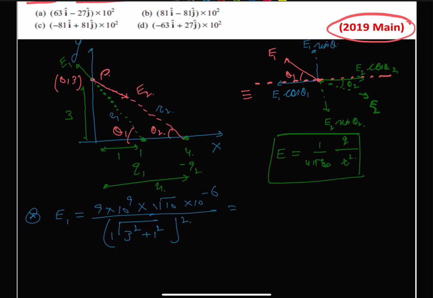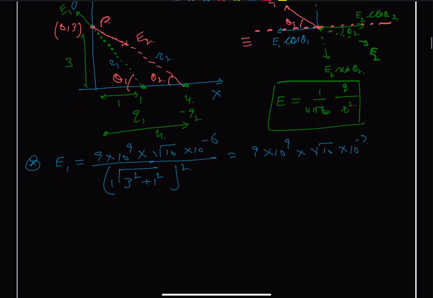So we get the electric field E1 as 9 into 10 to the power 9 times square root of 10 into 10 to the power minus 7. Therefore, E1 will be equal to 9 square root of 10 multiplied by 10 raised to the power 2. So this is our E1.